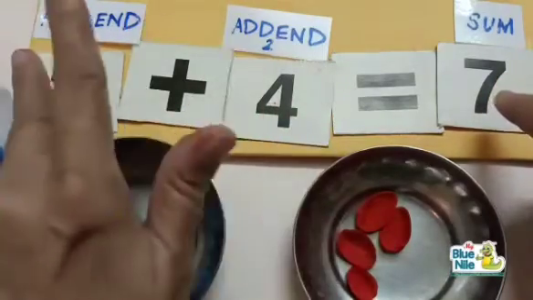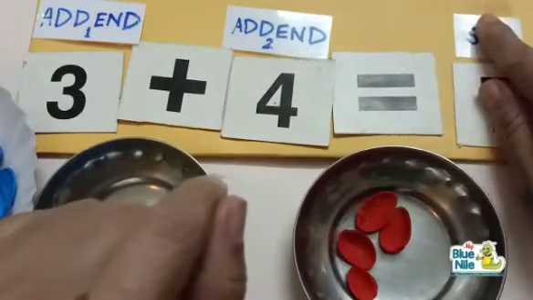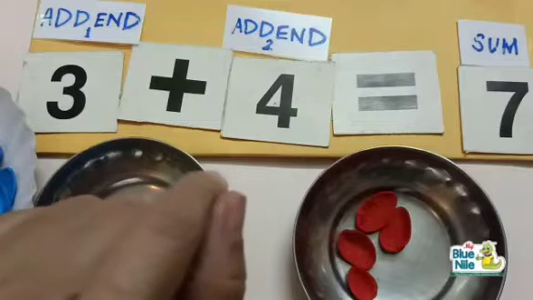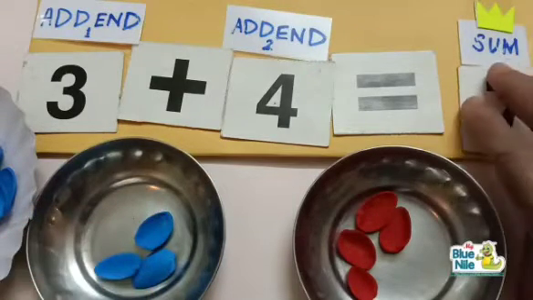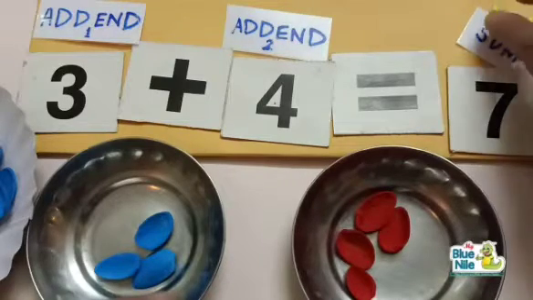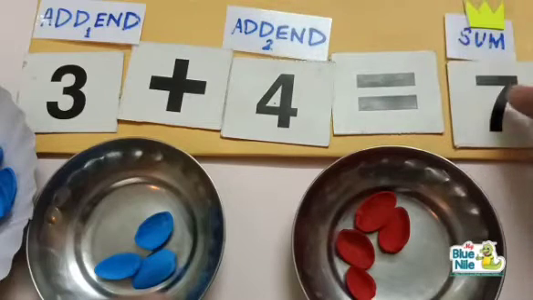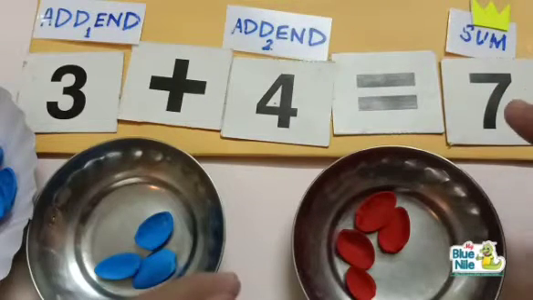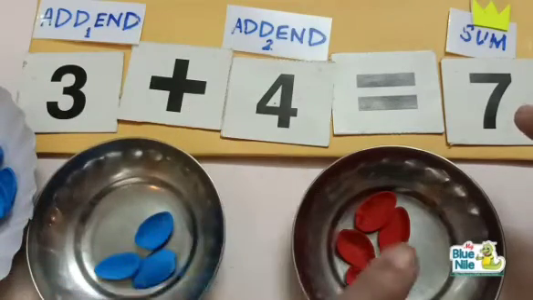So these numbers will always be smaller compared to the sum. So we say that the sum is the king. Henceforth, let them understand that the sum is always the greater number compared to addend 1 and addend 2, and hence he is the king here. Okay, so 3 plus 4 is equal to 7.